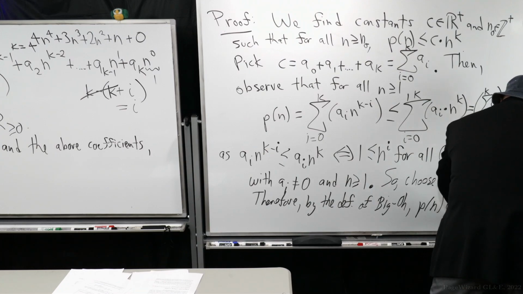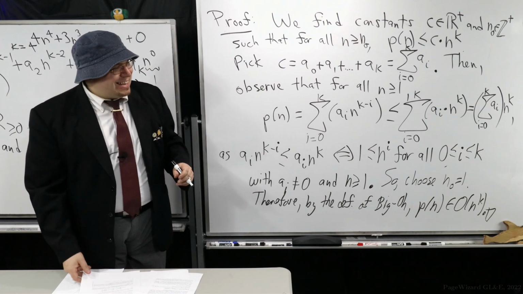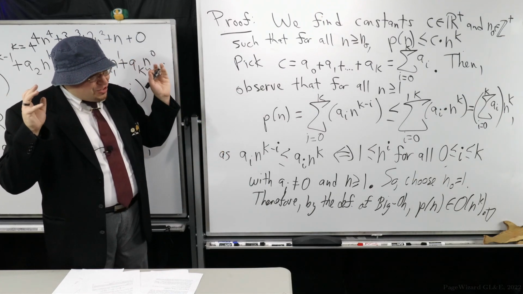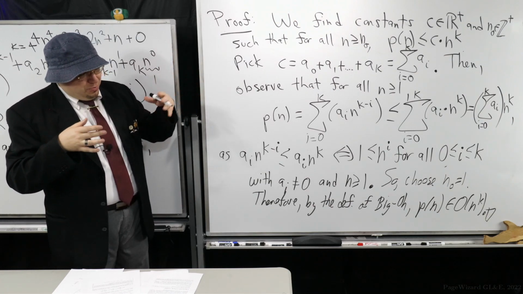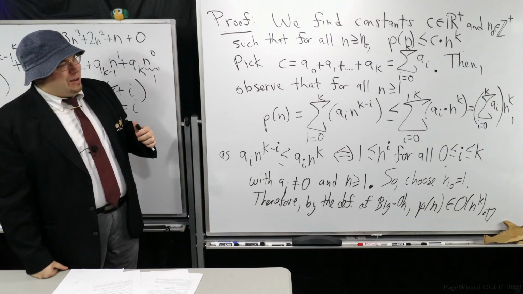And we're done. That's it. It's a surprisingly simple proof. It's just all of the things we've been doing up to this point thrown together into one cookbook way of doing things.